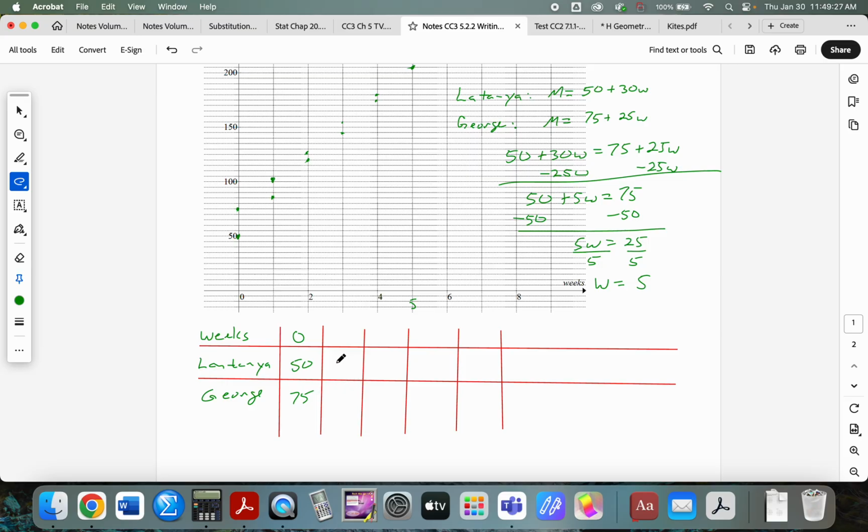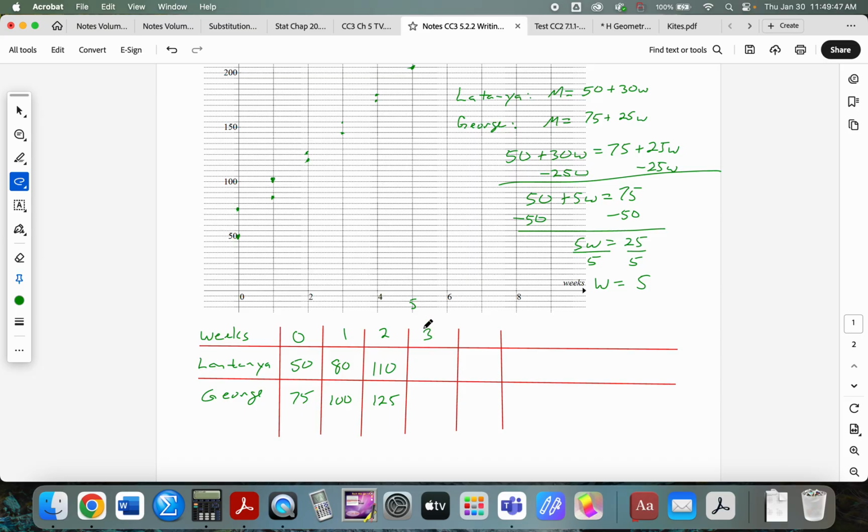She's adding on $30 every week, so that's going to be $80 at week 1, whereas George only adds $25, so he's at $100. After 2 weeks, she's going to add on $30 again, so that's $110. He adds on 25, it's $125.